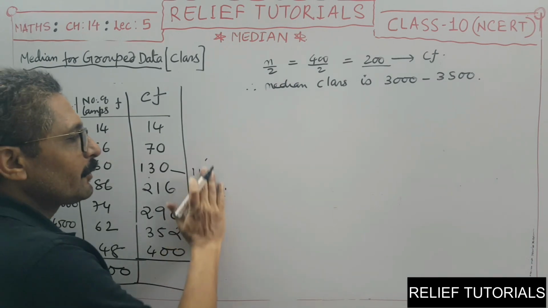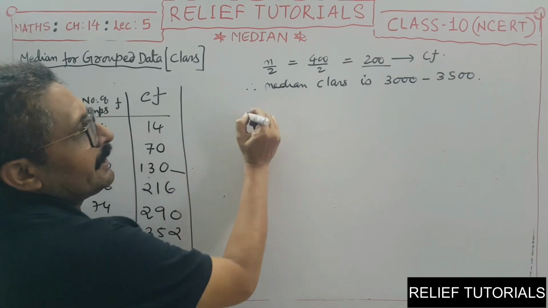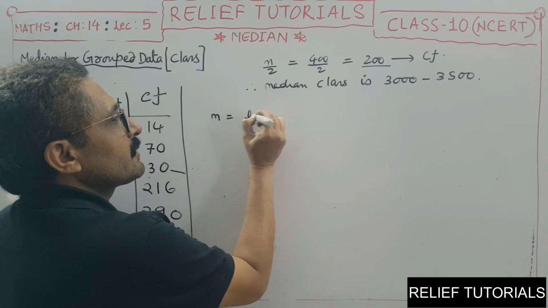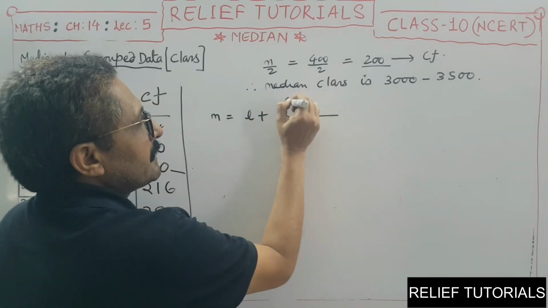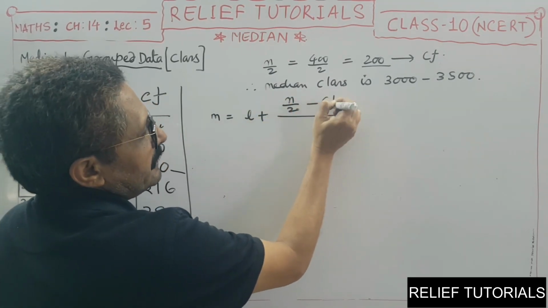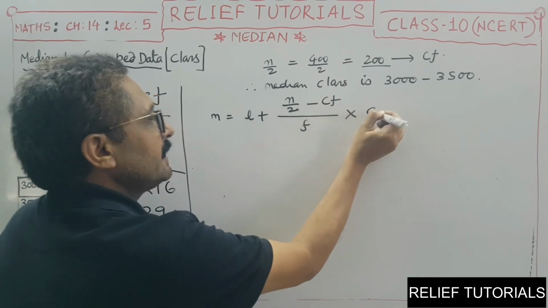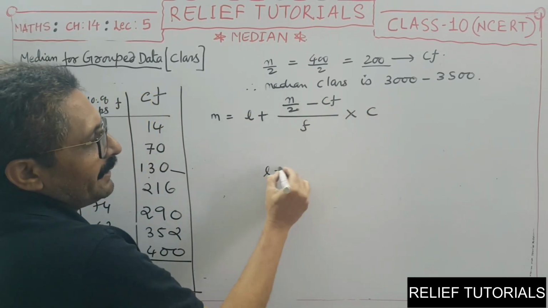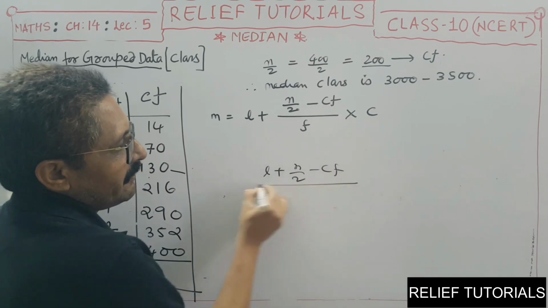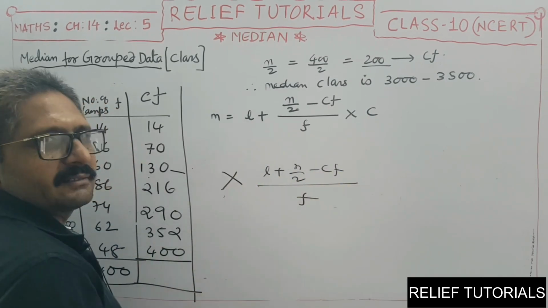Now you know the formula. What is the formula to find median? Median is equal to L plus n by 2 minus CF upon f into c. See, don't write L plus n by 2 minus CF upon f. This is wrong.